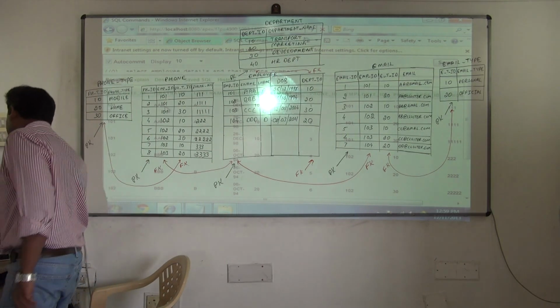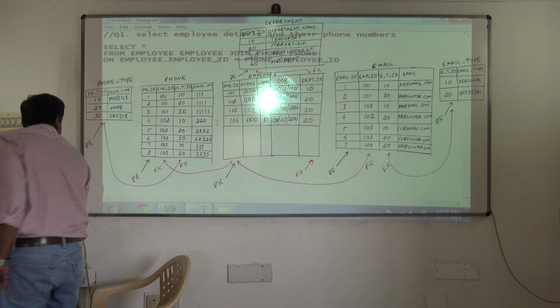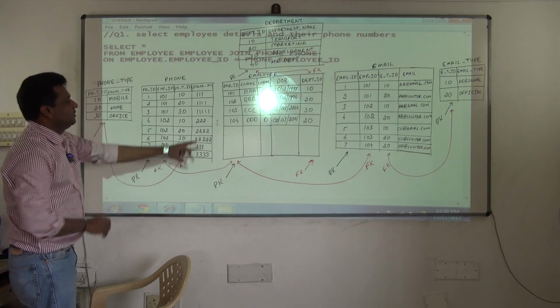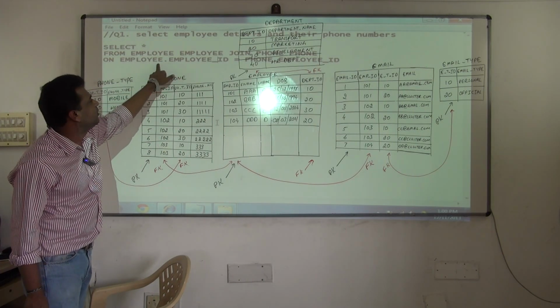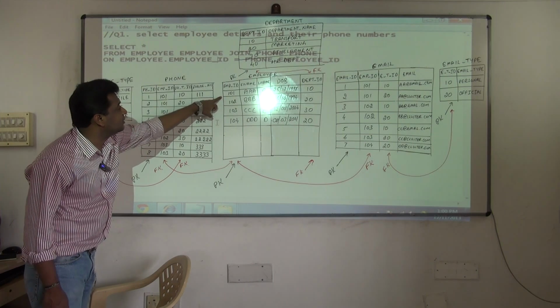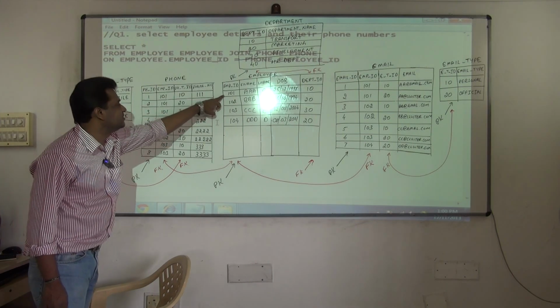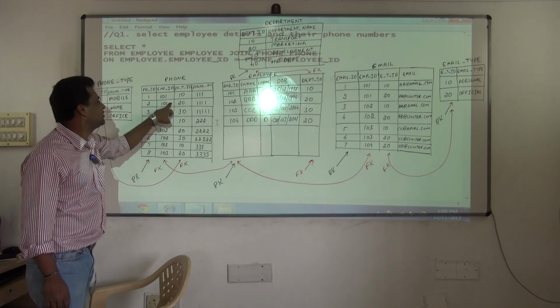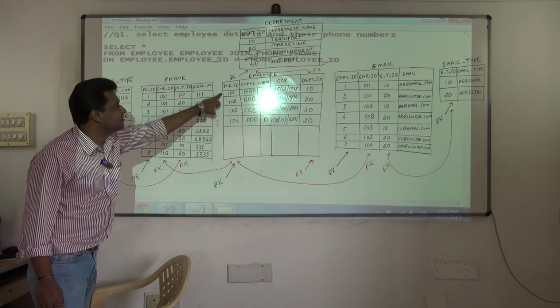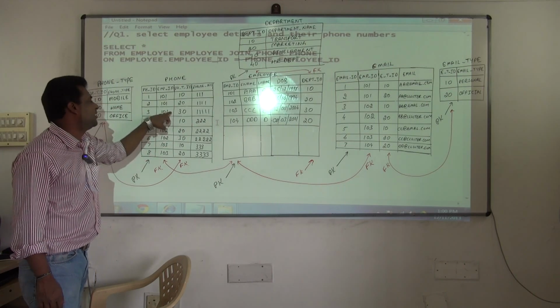Understood? So exactly what has happened is, this table is getting joined with this table. You have given a condition: employee.employee_ID is equal to phone.employee_ID. It will check, is this record matching with this? Yes, it will join. Is this record joining with this? Yes, it will join. Is the first record 101 matching with this?